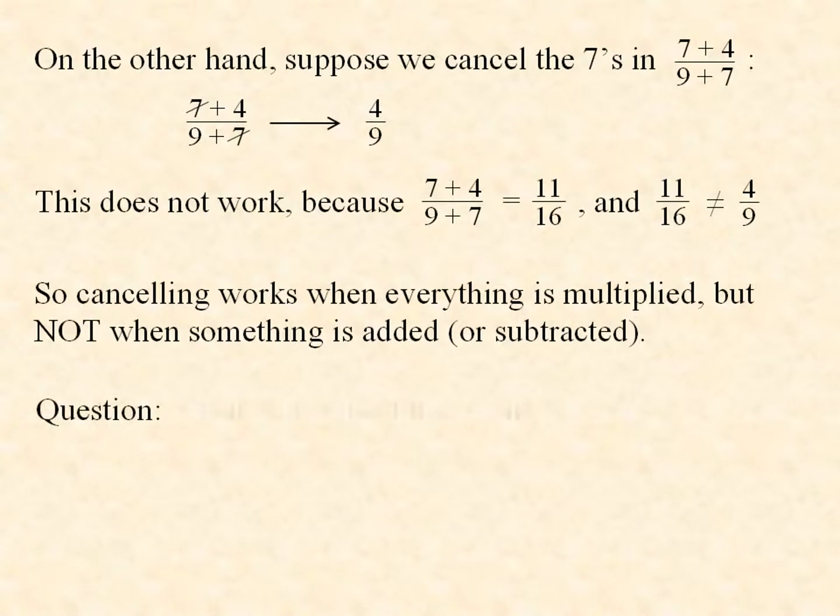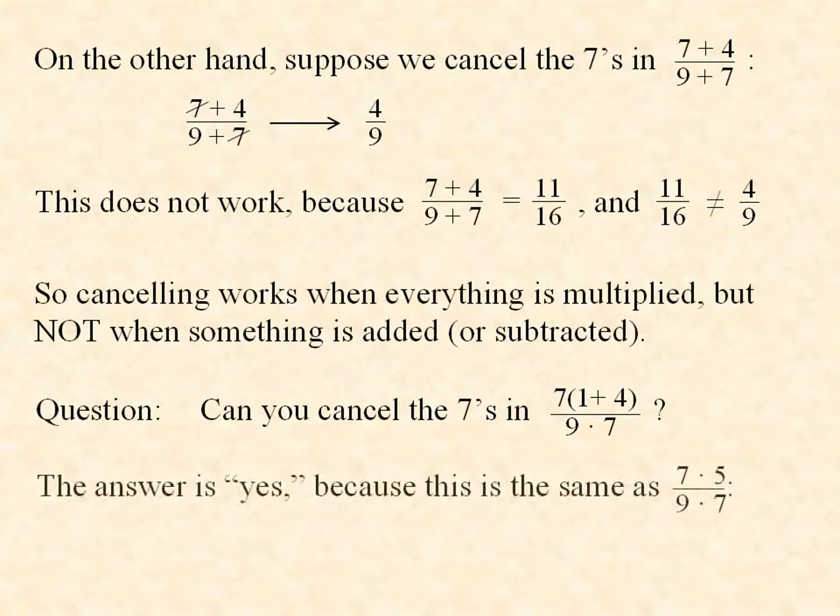Here's a question. Can you cancel the 7's in this expression? 7 parentheses 1 plus 4 over 9 times 7? The answer is yes, because the expression is the same as 7 times 5 over 9 times 7. We can get rid of that addition because of the parentheses there.